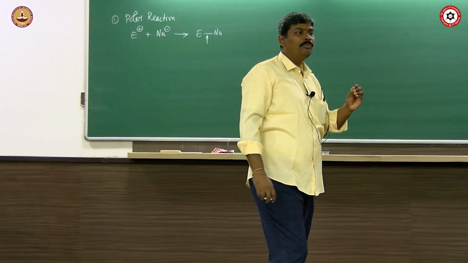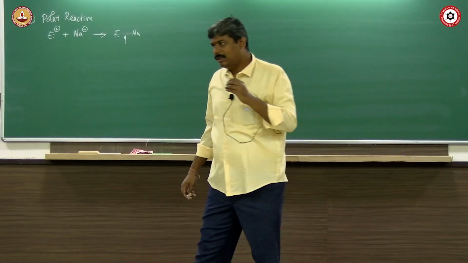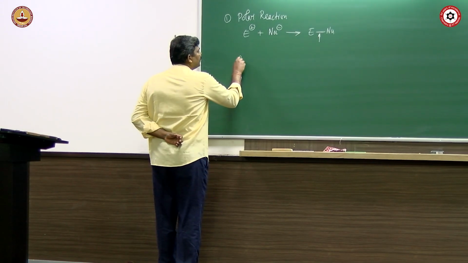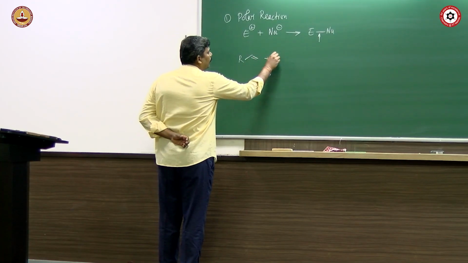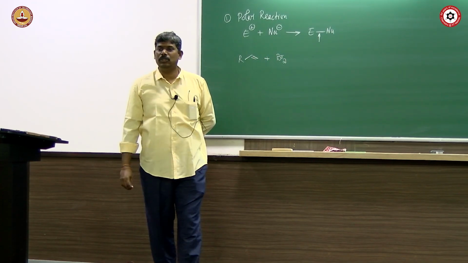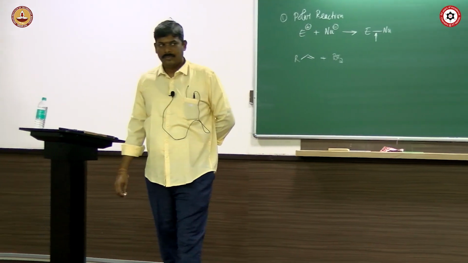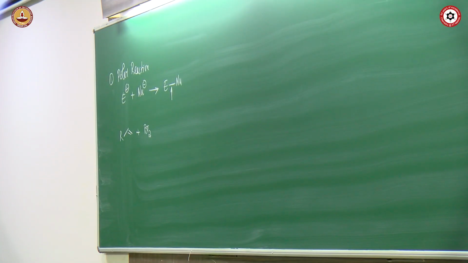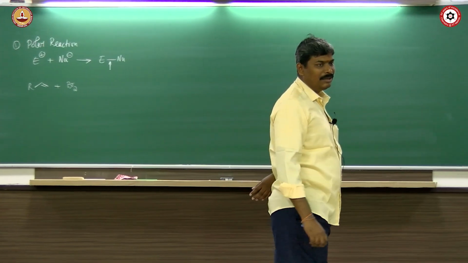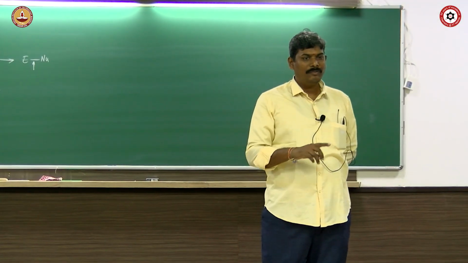Right? So if you look at bromination, what does that mean? Bromination means you have, let's say, an alkene reacting with bromine. In this, which is the electrophile and which is the nucleophile? Br minus is a nucleophile.